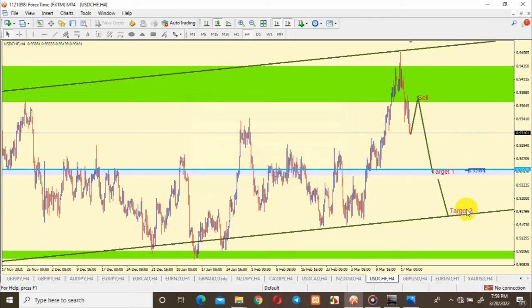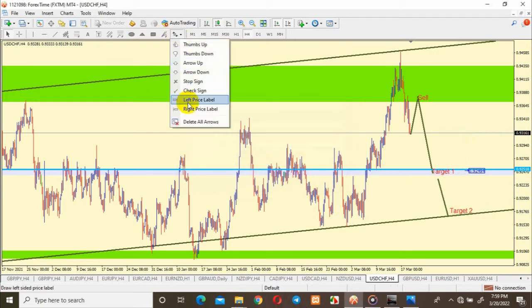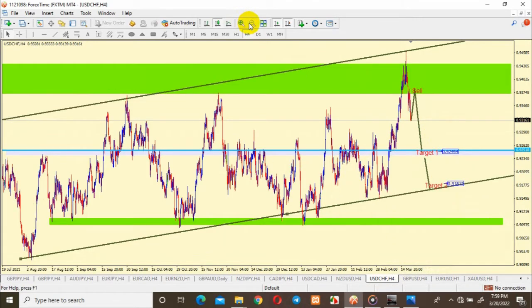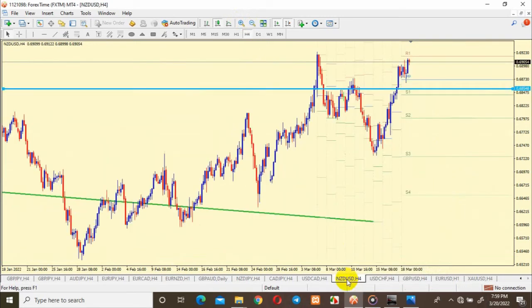And if we should put a price tag there, that should be around 0.9181. So that is for USD CHF. Allow price to retrace towards this zone, then take a sell, target this area for your TP1 and TP2 for the trend line.